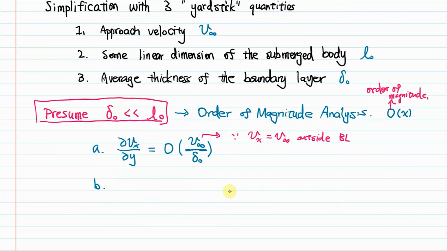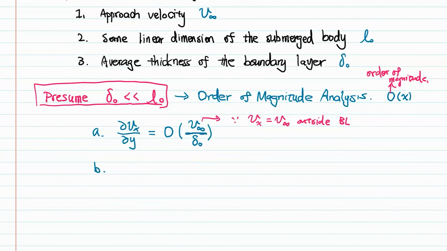Let's look at partial Vx partial x. So partial Vx partial x is on the order of V infinity over L naught.